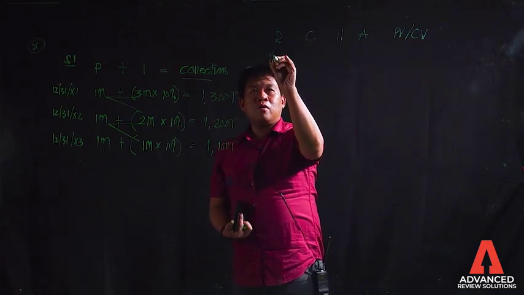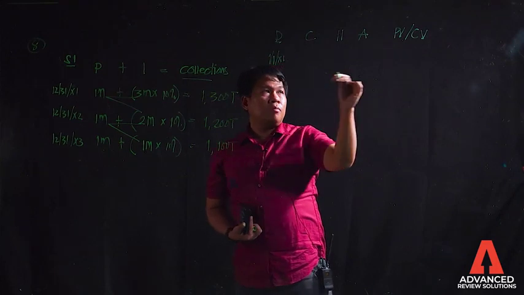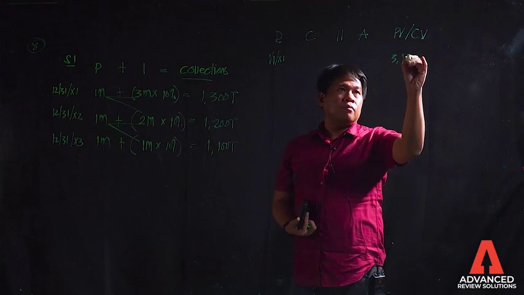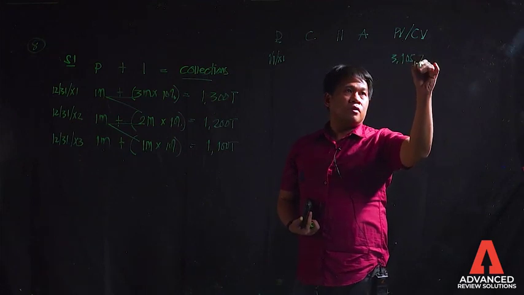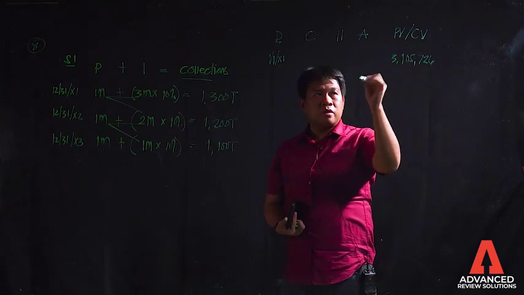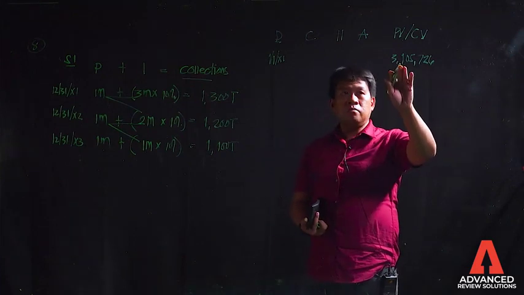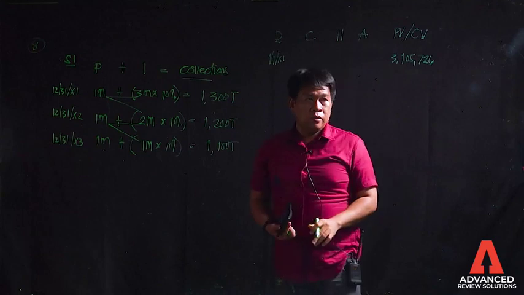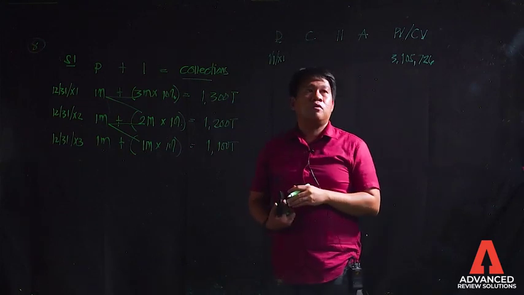This January 1, 20x1, the present value of the investment is 3,105,726. And these bonds are at a premium because the present value of 3,105,726 is higher than the face amount of 3 million pesos. Okay.